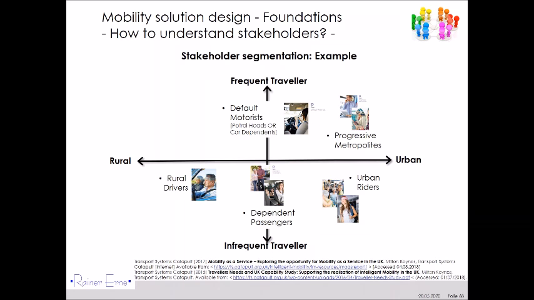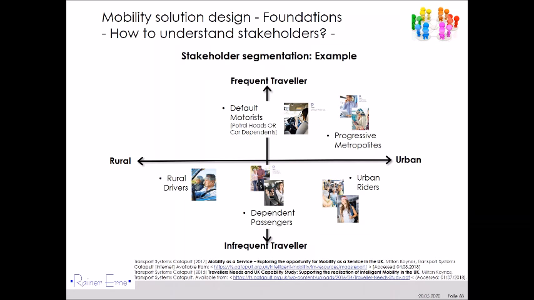And according to these two criteria, you can then segment, for example, as I mentioned it already, the default motorists, which are frequent travelers, which come at least from suburban areas of the city and commuting into the city every day and use their car by default.